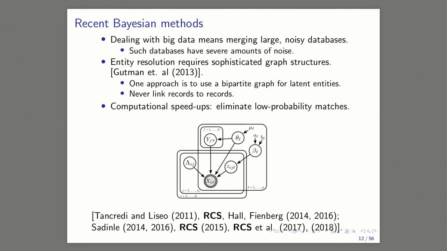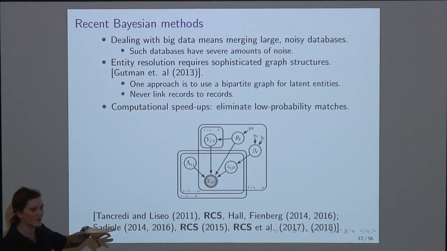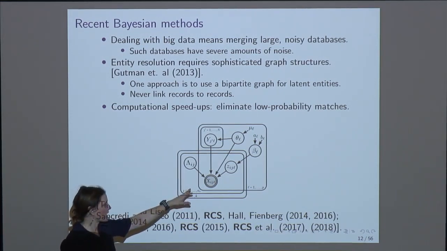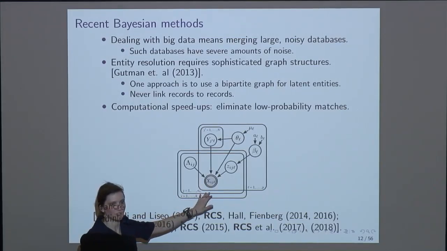In a general framework, I have an arbitrary number of databases, then I have records within those databases, and then I have a common number of features. I'm going to take that record and cluster it to a latent entity. The record could be categorical, it could be string valued, it can be a very general distribution.